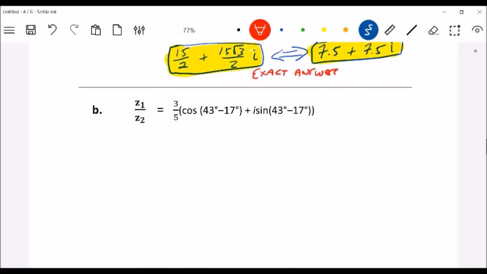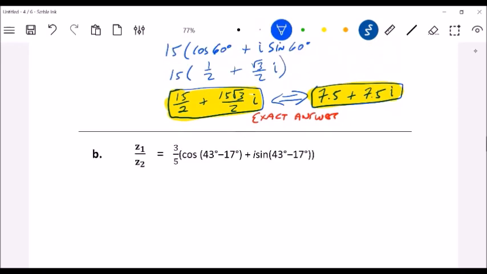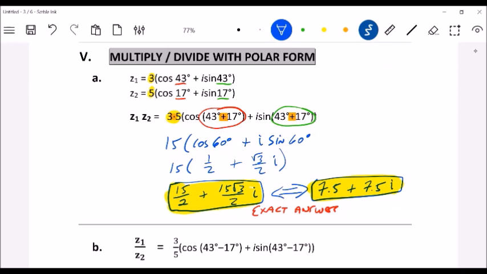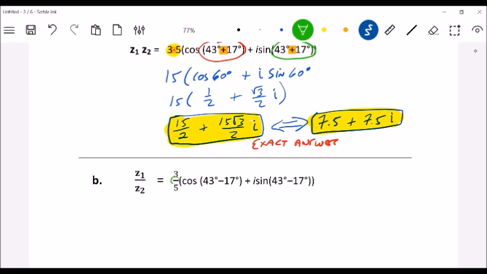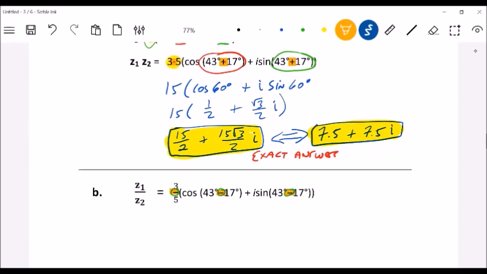Now let's do it with a division. On the division here, we're going to do the same concept, but notice that in this case, we have 3 and 5, but now they're being divided. So we have division, and then we also have minus here. So these are different from the multiplying.